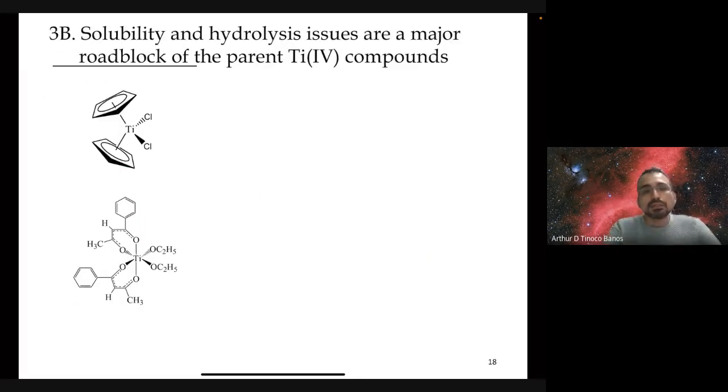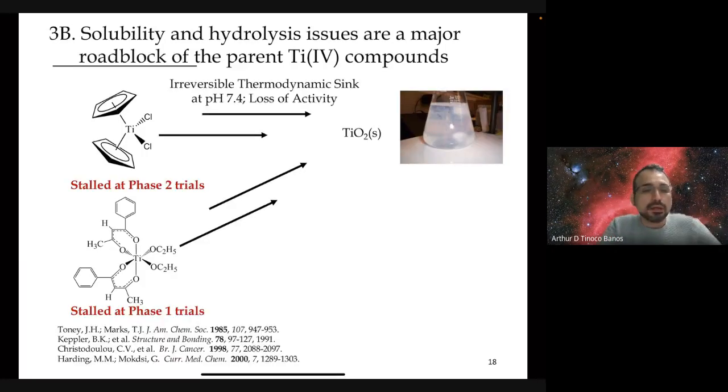All right, so given that, one of the limitations of these compounds is that thermodynamic sink at pH 7.4, where you have a transformation of the titanium into essentially titanium dioxide in an amorphous form. And this thermodynamic sink is believed to be one of the contributing factors as to why these compounds were not successful in clinical studies.